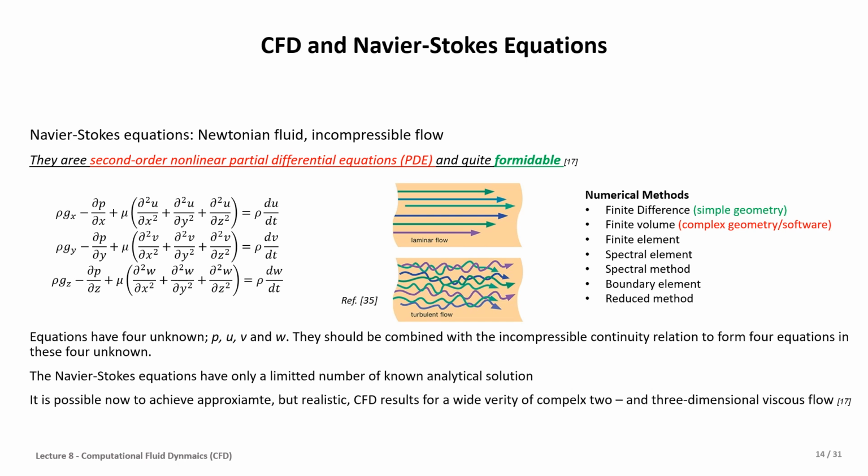In fact, the equation has four unknowns: pressure and three components of the velocity. The Navier-Stokes equation should be combined with the incompressible continuity equation to form equations for these four unknowns. The Navier-Stokes equation has only a limited number of known analytical solutions.